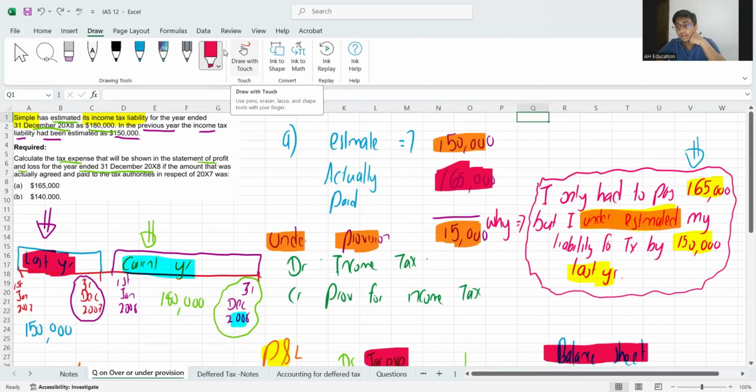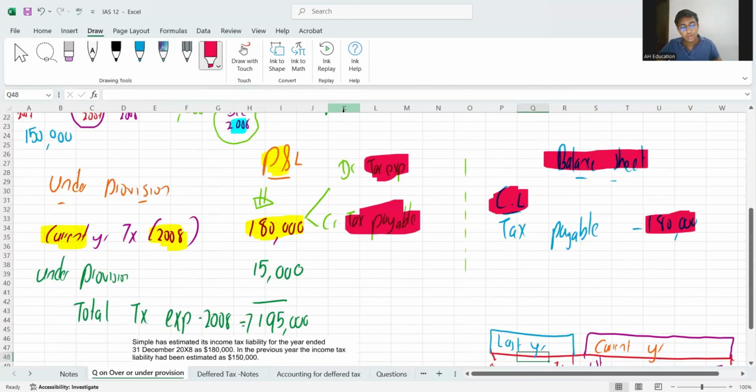Now you need to understand that you are currently standing in 2008. Last year's books are closed, audited, printed and given to the shareholders as well. So you cannot adjust your last year's books. Rather, what you can do is, in your current year, adjust your tax expense.